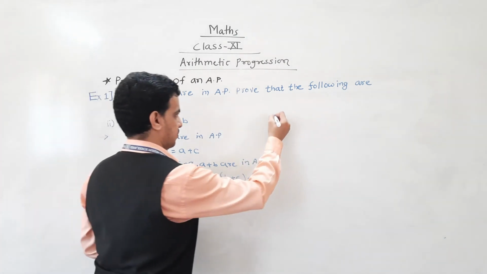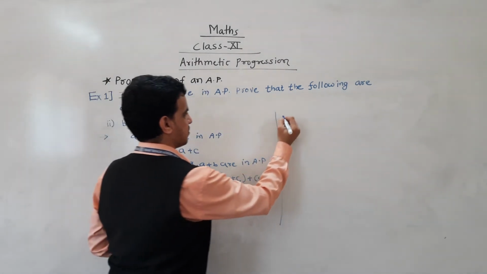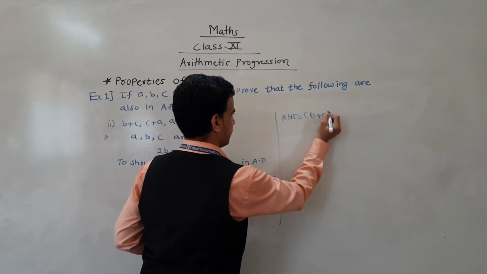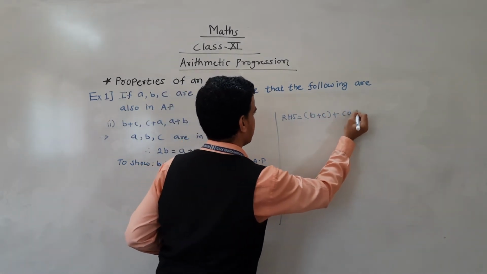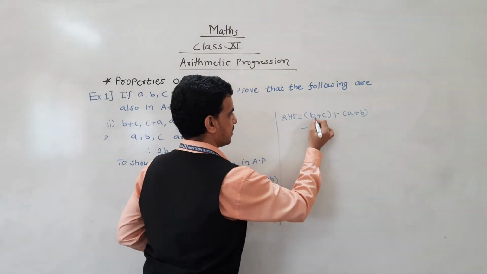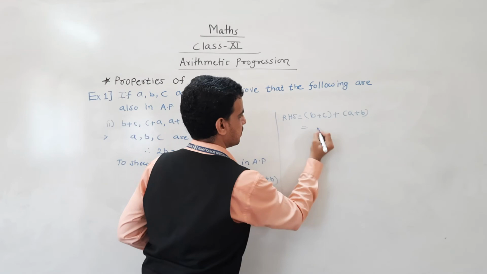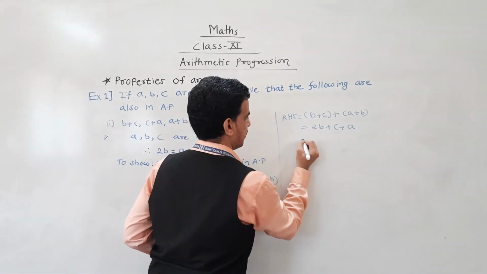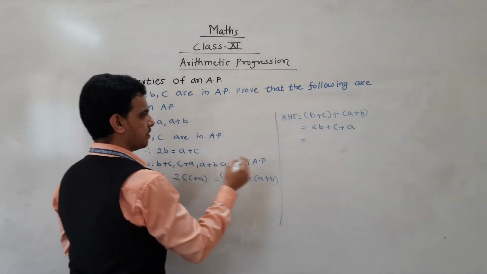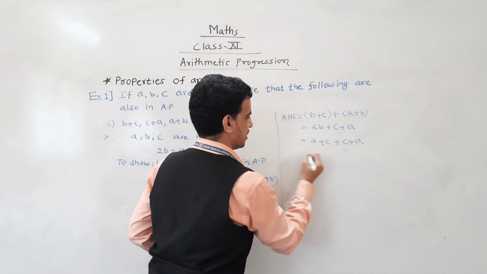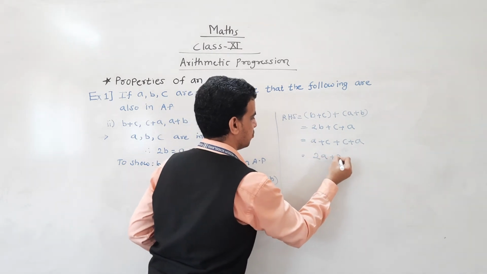Okay, so I will start from the RHS. So RHS is equal to b plus c plus a plus b. So b plus b is 2b, plus c plus a. Now again 2b is equal to a plus c, so a plus c plus c plus a, that is 2a plus 2c.